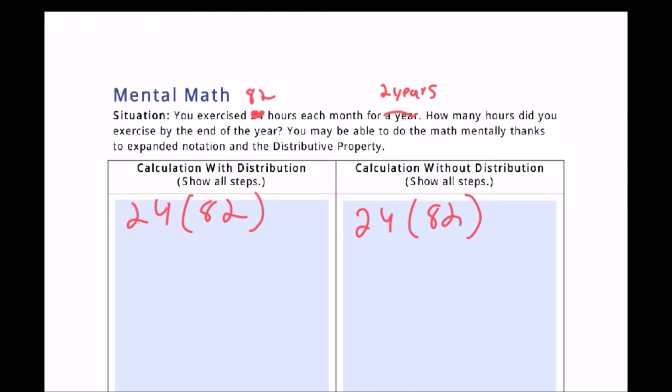Actually, I've got a better way to do this. I'm going to switch my 24 and my 82. You could do it either way. Just for me, it makes a little more sense to switch those.